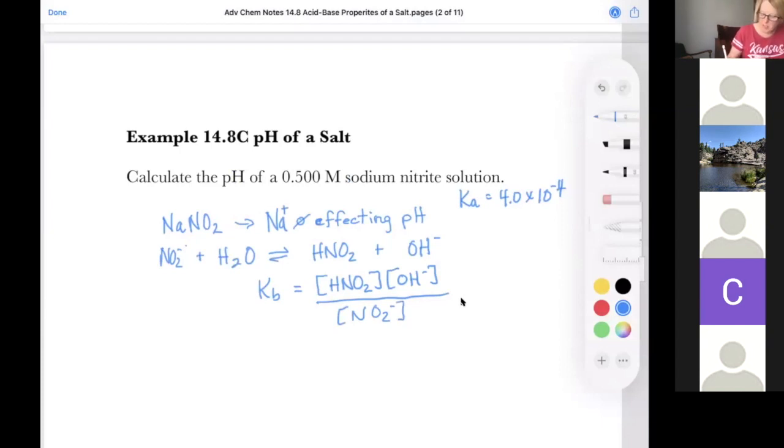We can use the Ka value here to figure out the Kb using that little relationship that we've been practicing. So it's 1.0 times 10 to the negative 14th over 4 times 10 to the negative 4th. That's going to give me the Kb value.